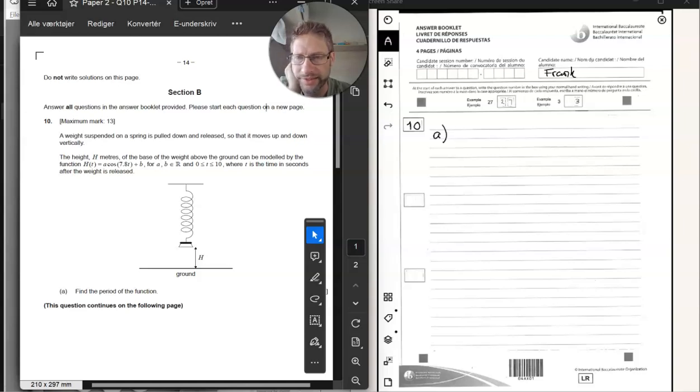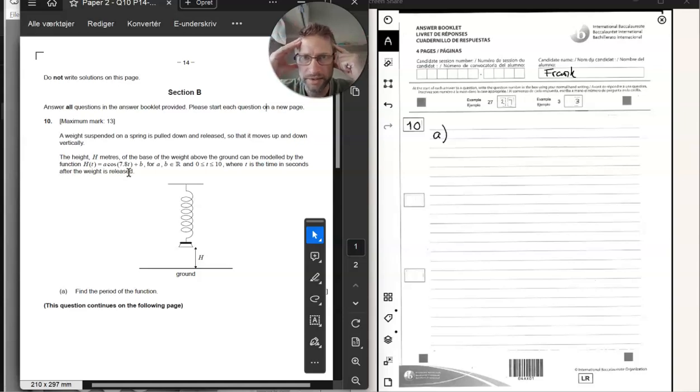asks us to find the period of the function, and you kind of need to memorize that the period has everything to do with this number 7.8 that we multiply on t, because multiplying with the number before the cosine is going to squeeze the graph and make the period shorter.